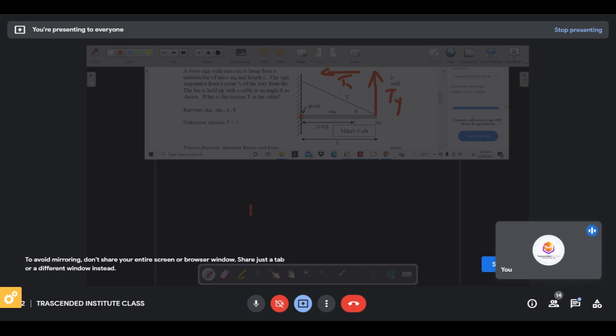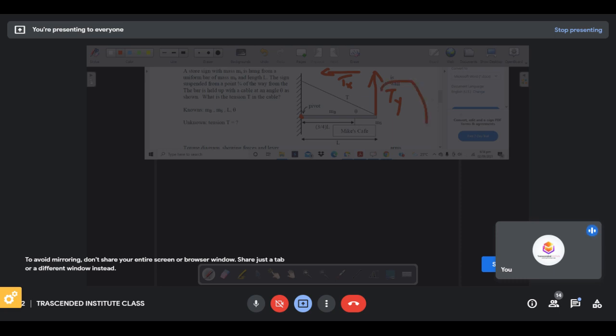If you talk about Tx, does it produce any torque in relation to the pivot? No. It's parallel to the metal bar. It's not moving clockwise or anti-clockwise. So it doesn't produce any torque. So we're going to focus on the y one.